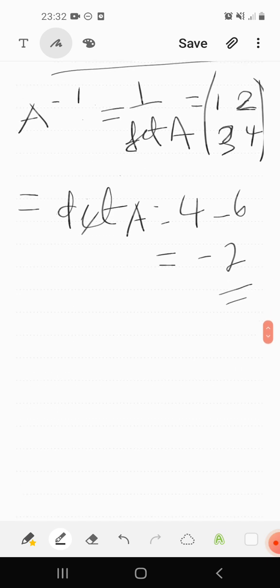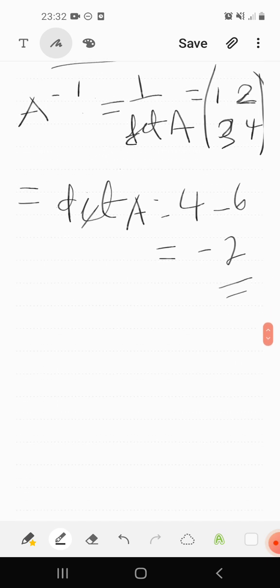Now we substitute this minus 2 into our formula, A inverse equal to 1 over the determinant. We had negative 2 as our final answer for the determinant, so we have 1 over negative 2.